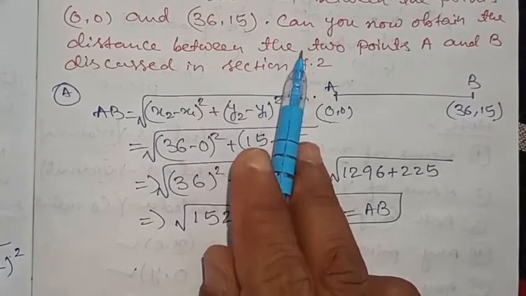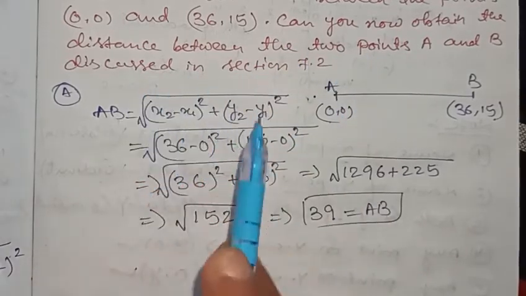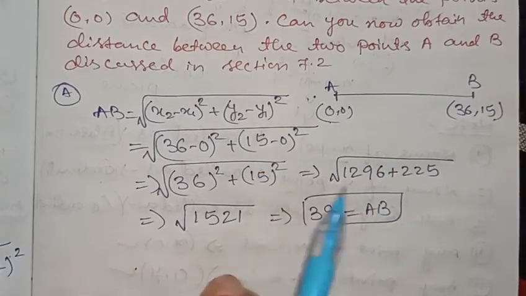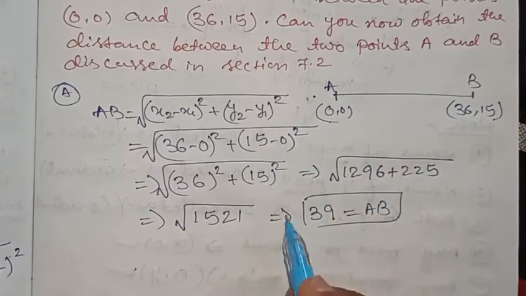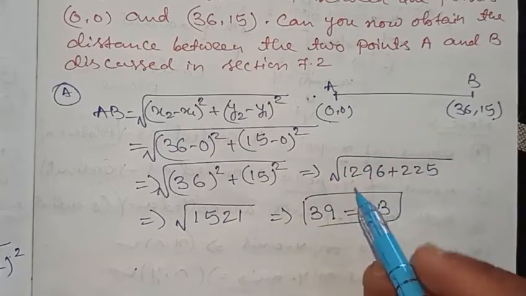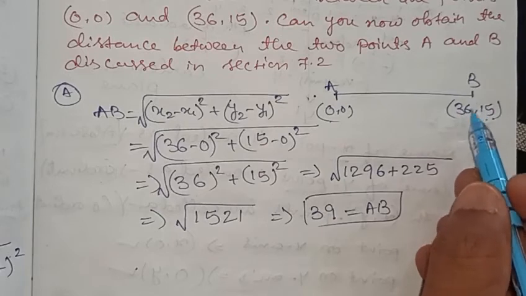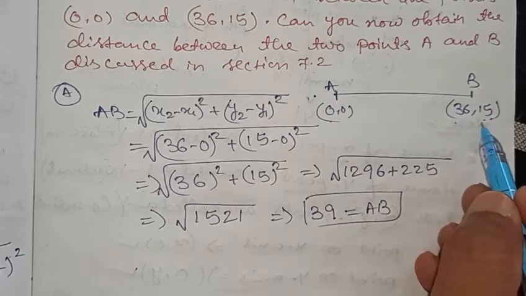Now it is asking, can you now obtain the distance between the 2 points A and B discussed in section 7.2. You see in section 7.2 a diagram is given, a triangle diagram, where A point is at origin, B point is given at 36. The B point coordinates are 36 comma 15.